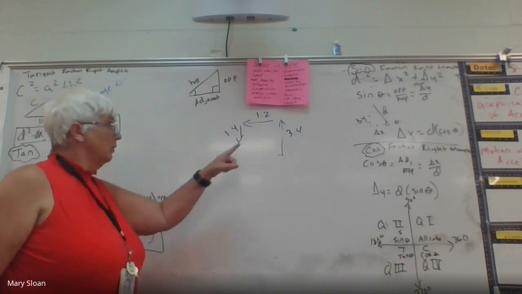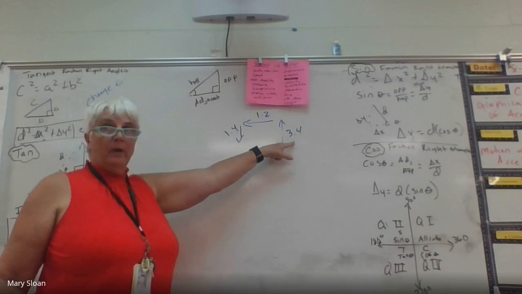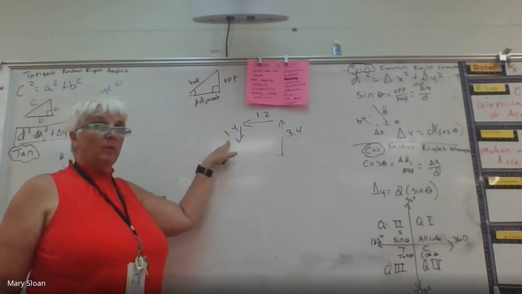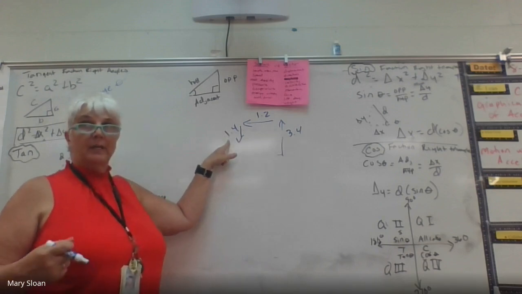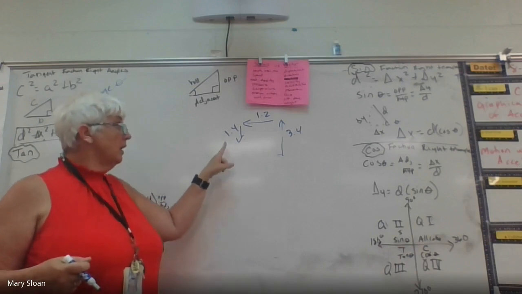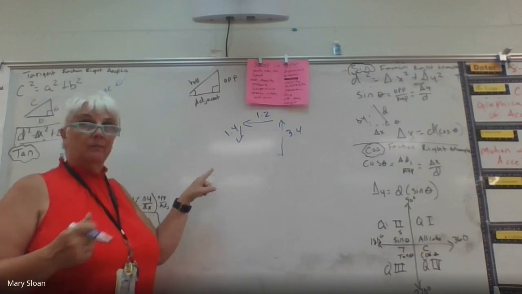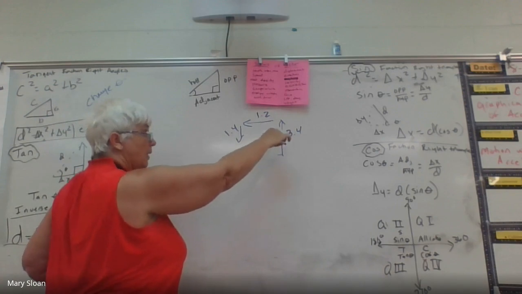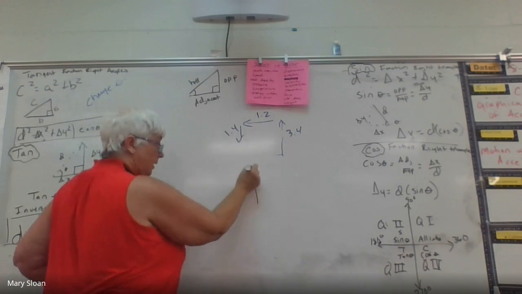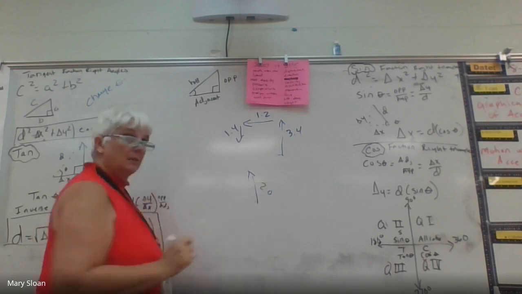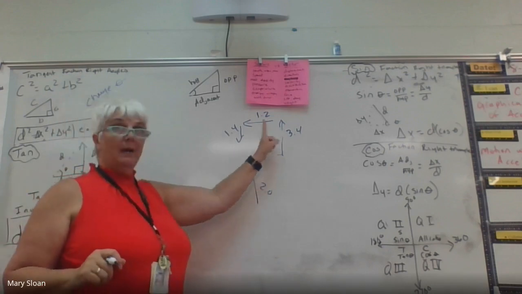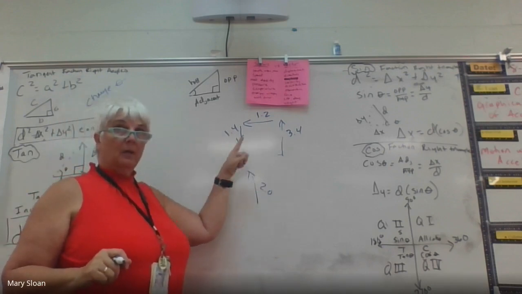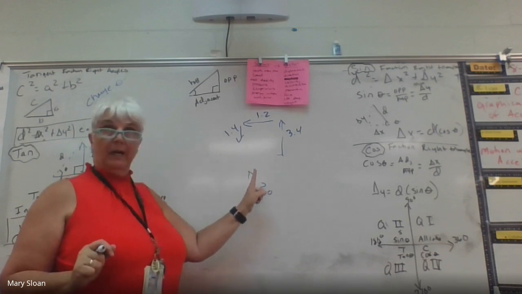So if he goes up 3.4, we would subtract the 1.4. What total is that? 2.0. Is it going up or going down? If he went up 3.4 and he went down 1.4, the 2.0 would be going up, correct? It would still be going up, right?